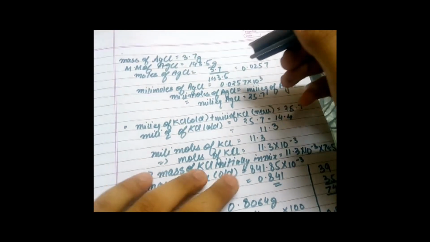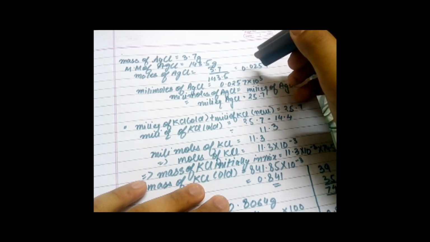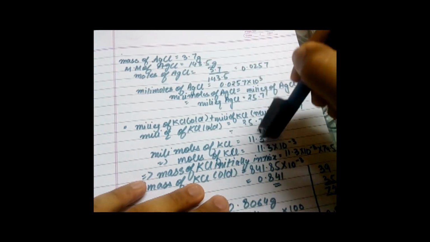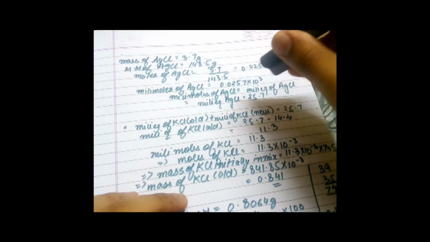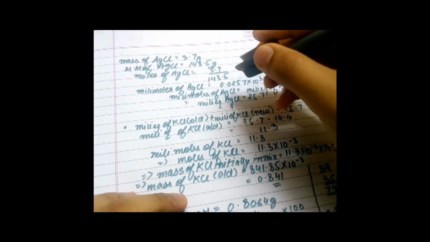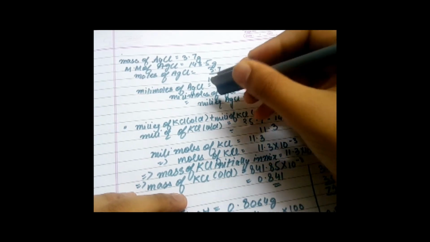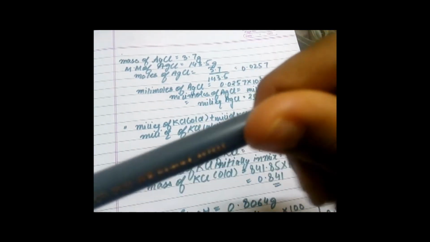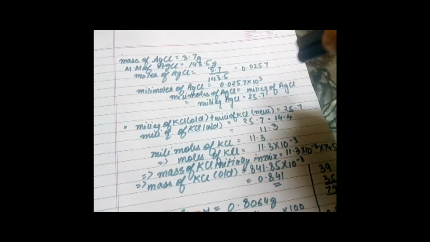From here we know that the millimoles is 0.0257 into 10 raised to the power 3, and the millimoles of AgCl is equal to the milliequivalents of AgCl, again because of the formula that the milliequivalent is equal to millimoles into n factor, and as AgCl is a salt, it has only one negative charge or positive charge per atom.